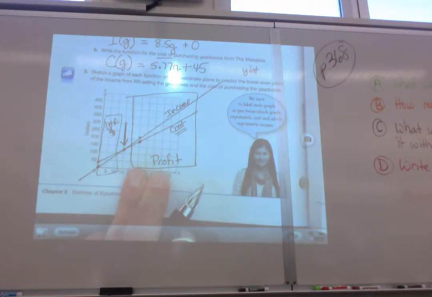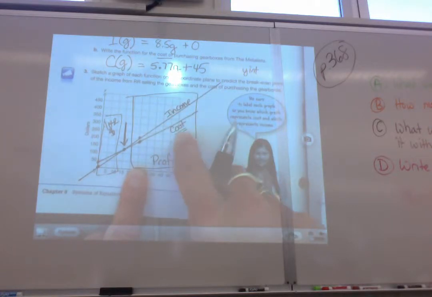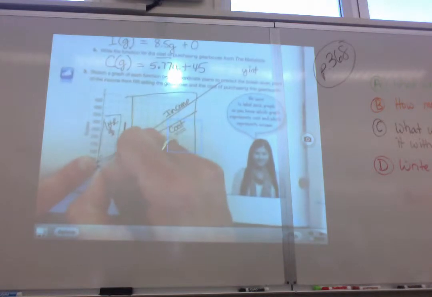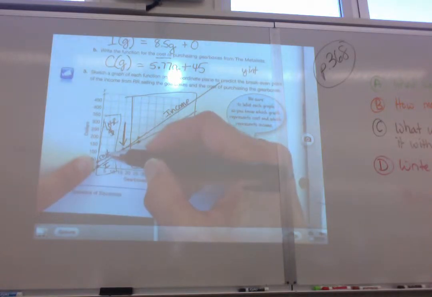The income. Income is higher than the cost. If you look backwards right here, here's the cost, here's the income. Who's higher? The cost. Right here, the cost is higher.